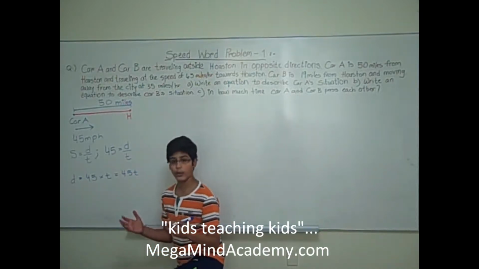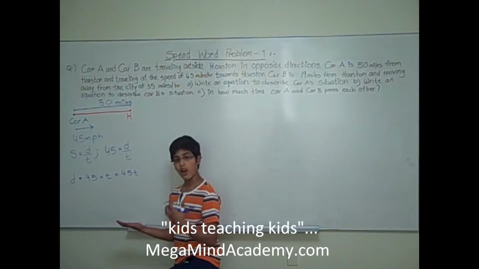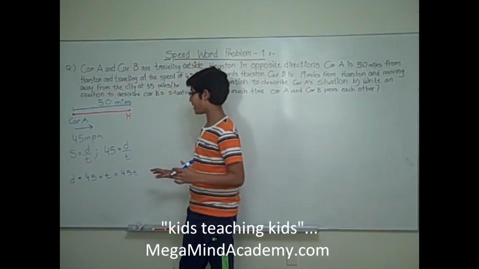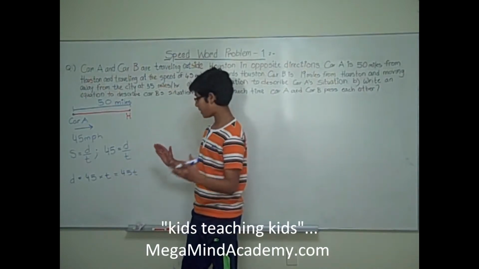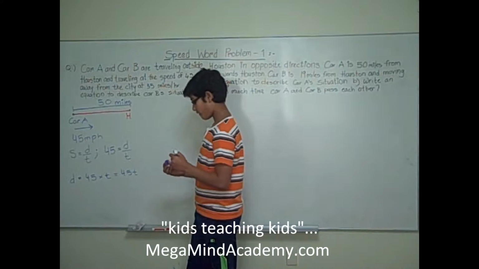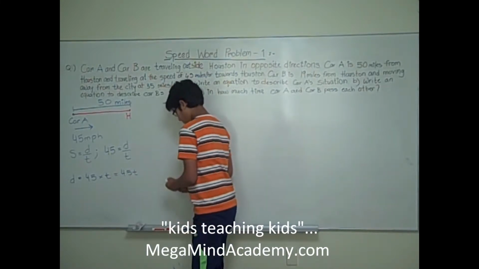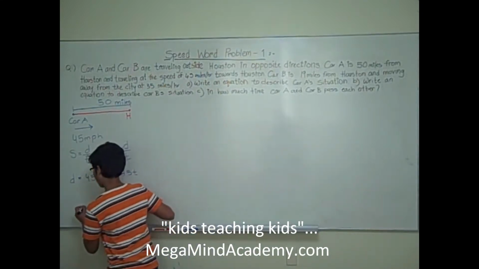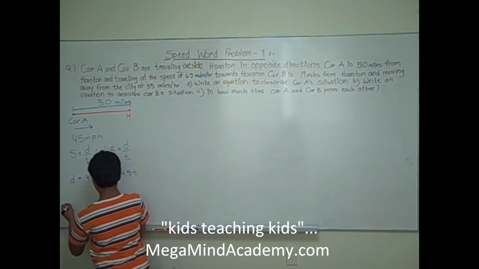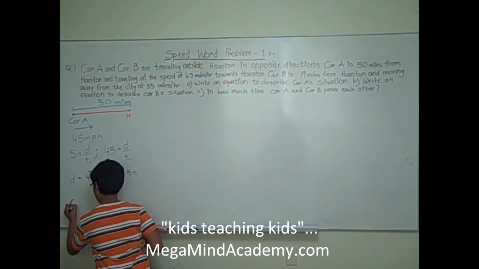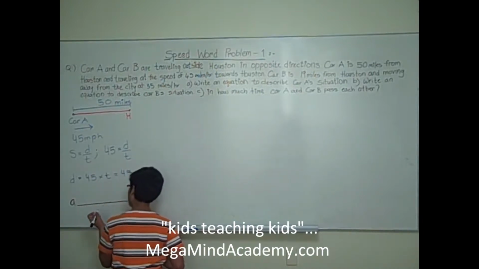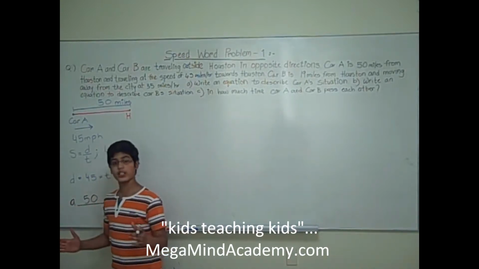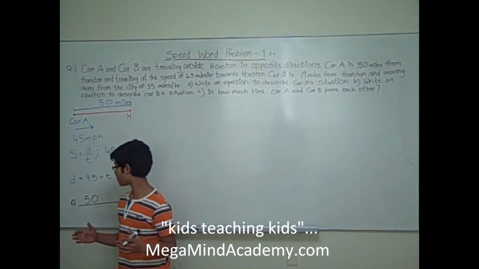Now let's write an equation to show car A's situation. So, car A is 50 miles away from Houston. So let's first write 50. And it is going towards the city of Houston.